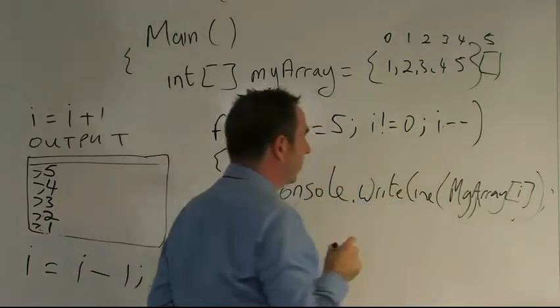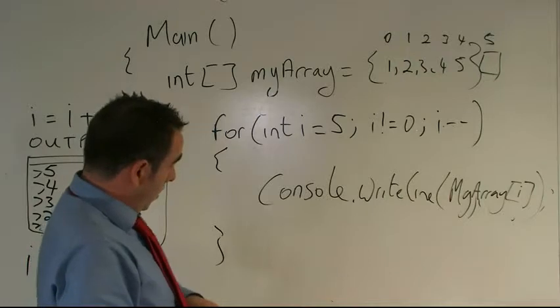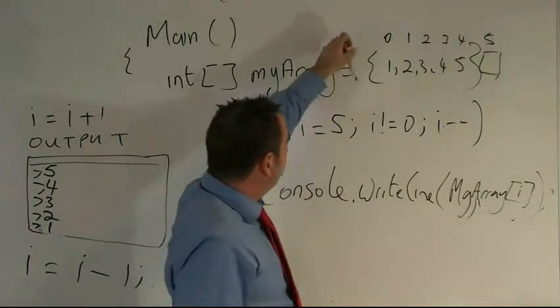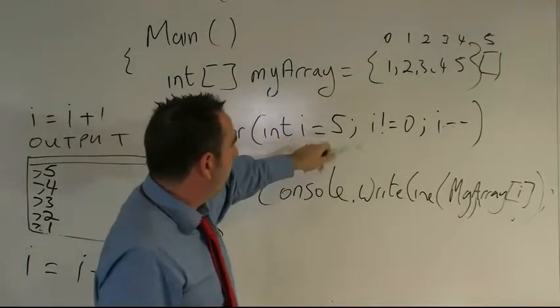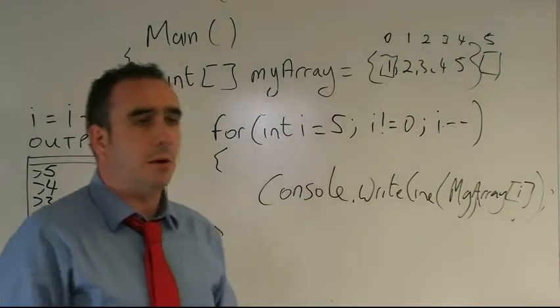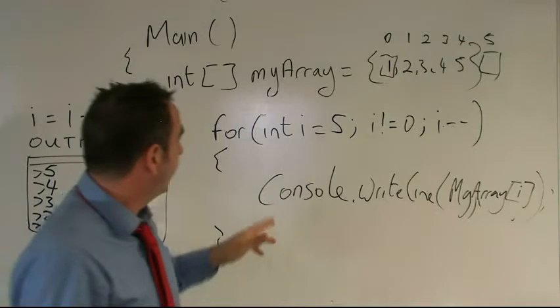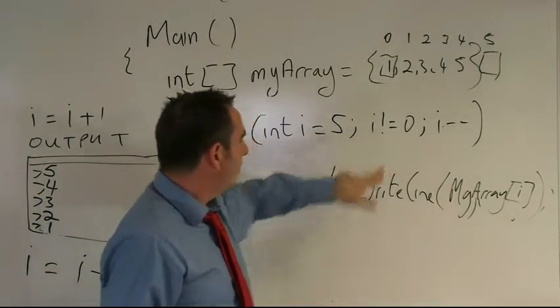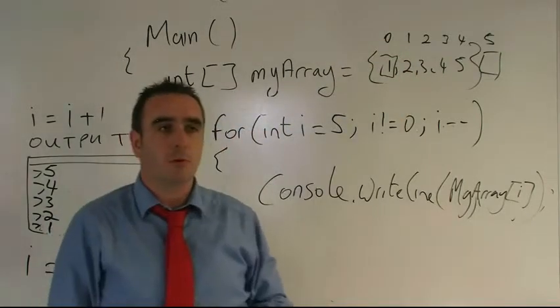Well, no. If we use i is not equal to 0, then essentially it's going to fail when it is equal to 0. So what would happen is we would miss this. I know you said you figured it out already, Barry, but it's probably a good thing to point out for other students. If we had used not equal to 0 there, we wouldn't have got the last element printed out.